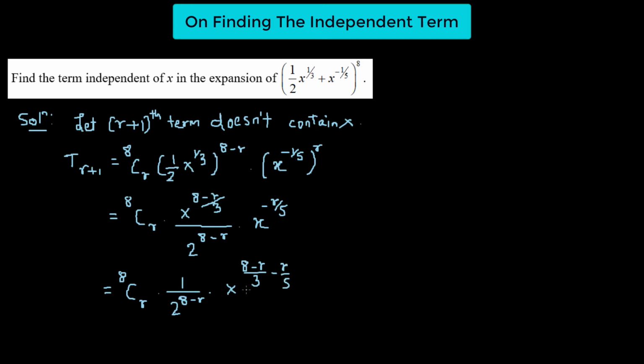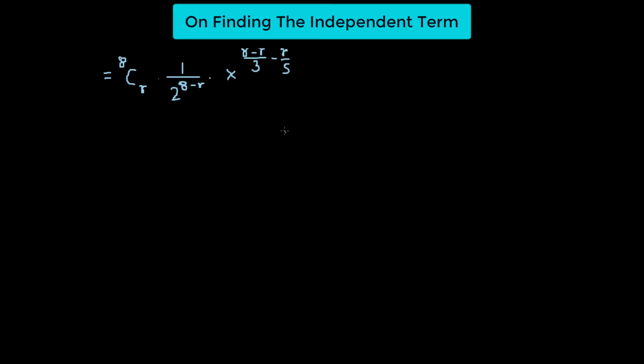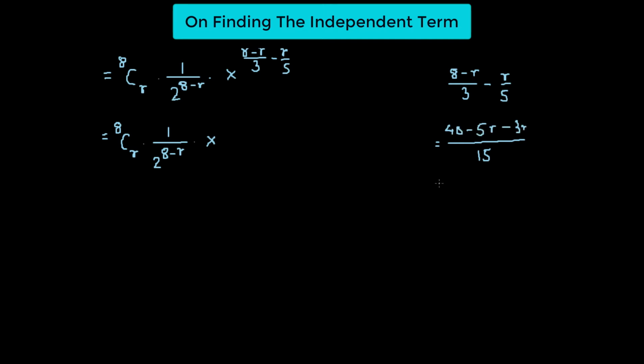We combine the exponent of x, and that gives us 8cr times 1 over 2^(8 minus r) times x raised to the power of (8 minus r)/3 minus r/5, which will be equal to (3 times 8 times 5 is 40) 40 minus 5r minus 3r, which gives us (40 minus 8r)/15.